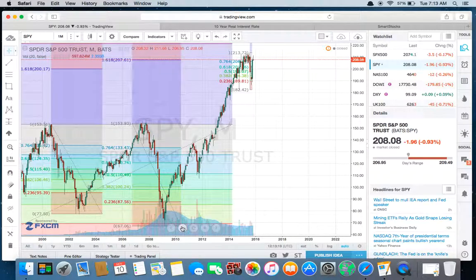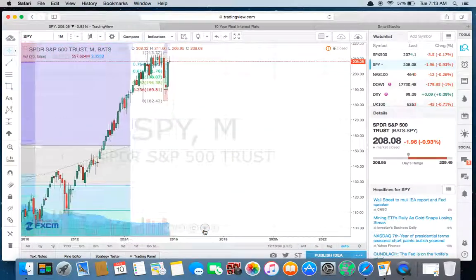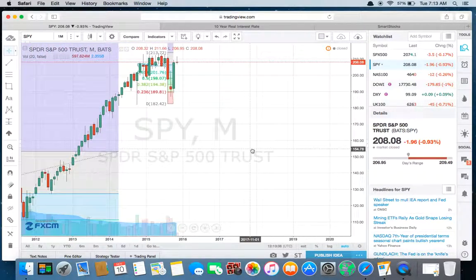If 207.61 doesn't hold, then 198 to 200 absolutely needs to hold for the move we saw in October to have any validity whatsoever. And only a close below 198.07, which is the midway point to the most recent range.